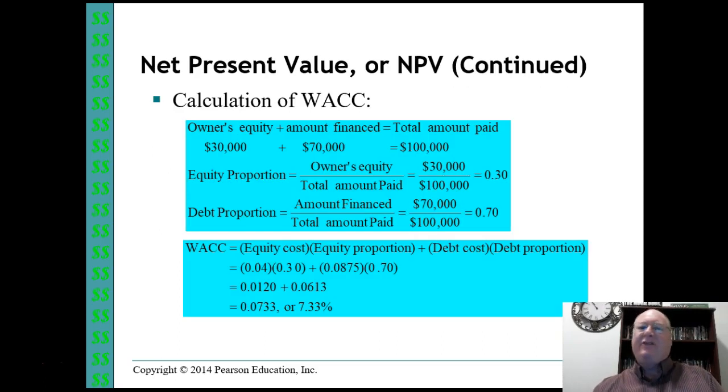Well, again, don't get too hung up on all of the calculations here. But what it's doing is taking the proportion of what you have put down and comparing it to the proportion of what you're going to be financing. So the numbers are real easy here. If you're putting $30,000 down on a $100,000 piece of equipment, that's 30%, and you're borrowing 70% on that.